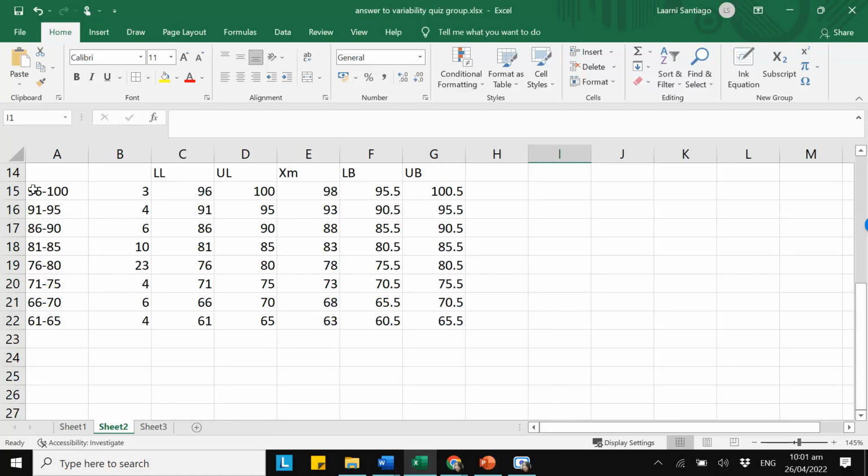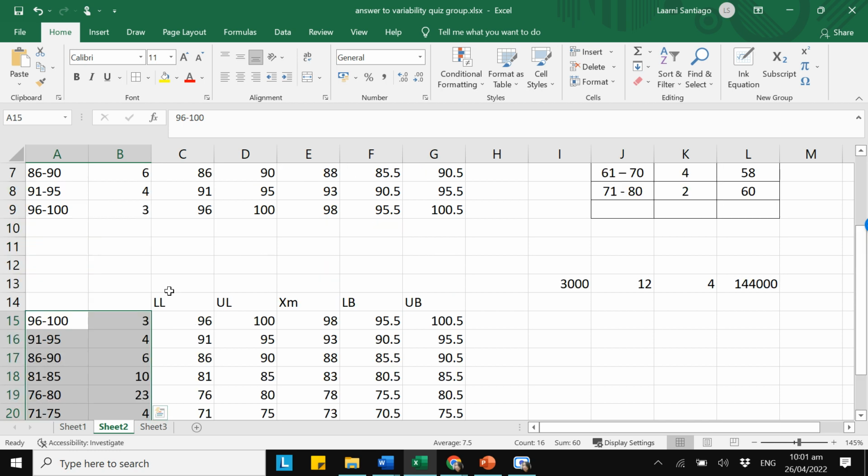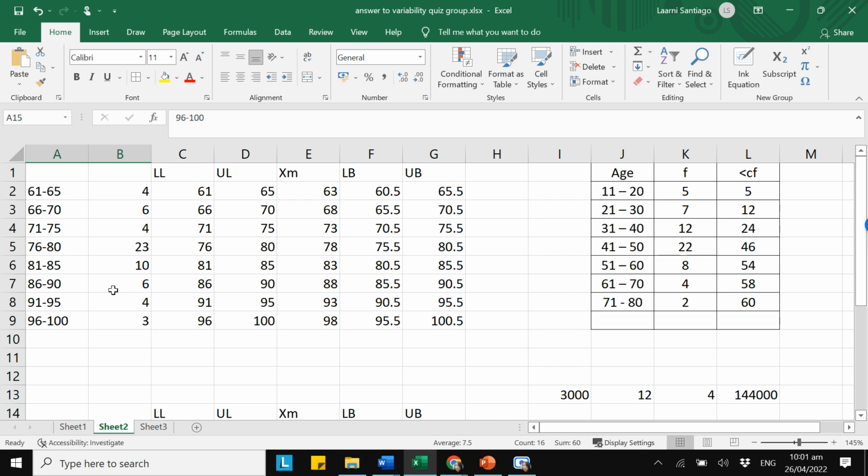Take note of the position. Pag kaya sinasabi nilang before and after, di ba dun sa mga upper and lower limits, kasi ganito po siya. This is in decreasing order. Pero yung ginagamit natin is ito, increasing order. Okay, kaya huwag kayong malilito kung paano natin i-compute.